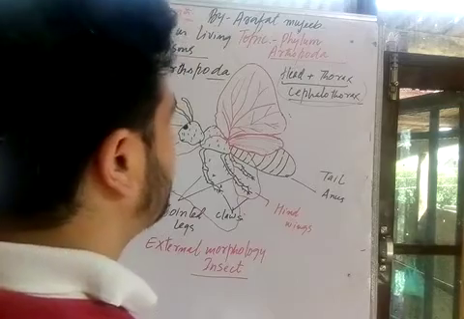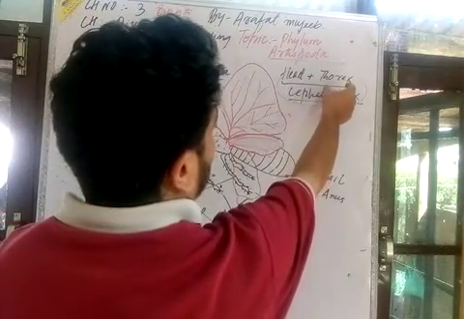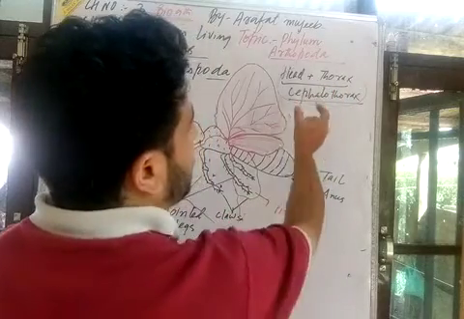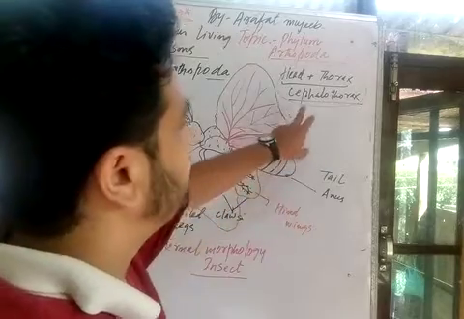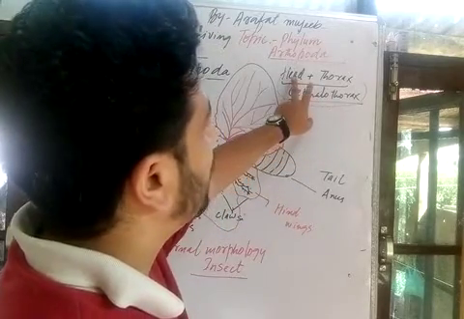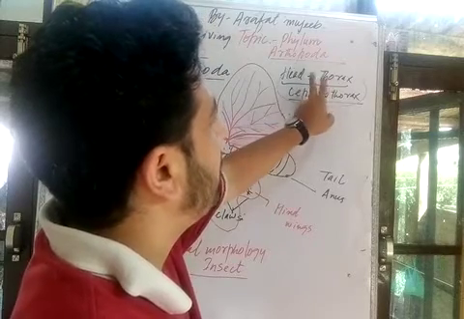That means if the head is attached, joined with the thorax, and it is one unit, it is known as the cephalothorax. What do you mean by cephalothorax? There is a joint between head and thorax. They are fused parts.